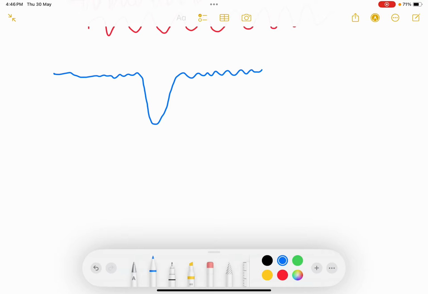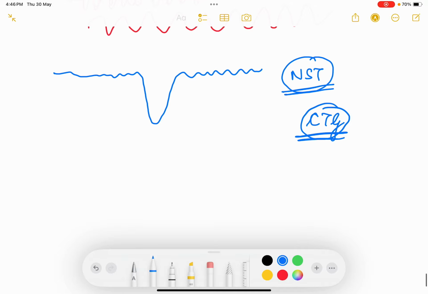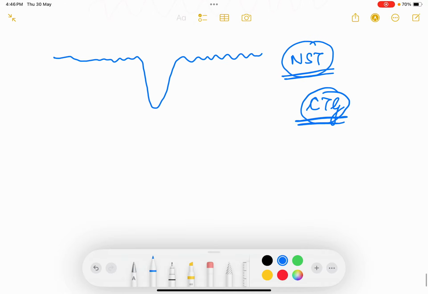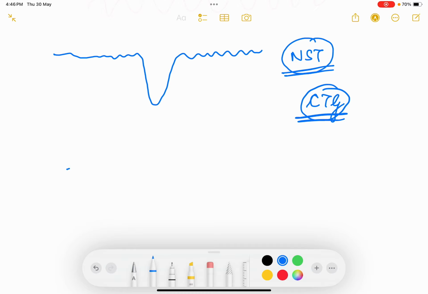Then always try to see if it is an NST, then you cannot tell whether it is early, late, or variable deceleration. Then you say it is only a deceleration present. But in case of a CTG, where contractions are already shown in the toco probe, there you try to compare what is the relation of the deceleration to the contractions.